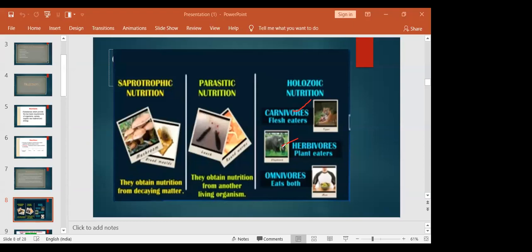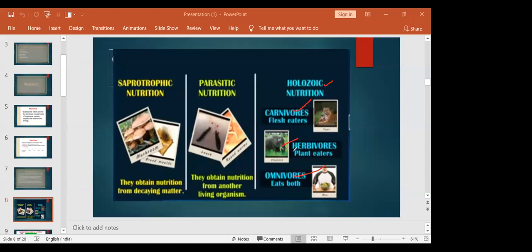So human beings are considered omnivores. These organisms, based on their food habits, are divided into three categories: carnivores, herbivores and omnivores.